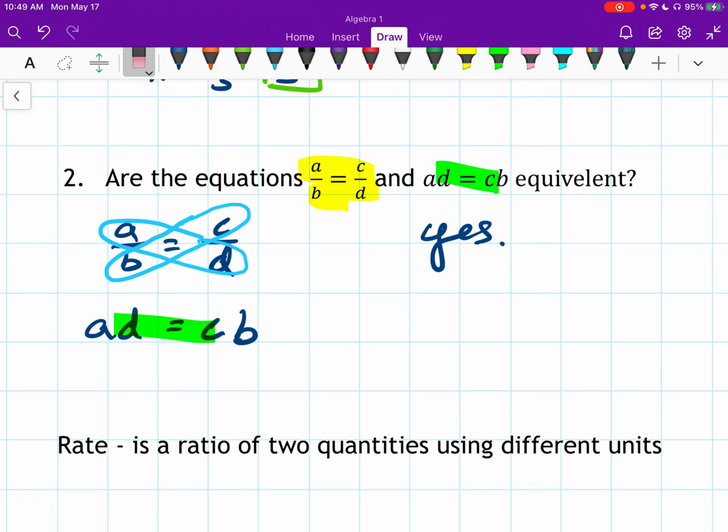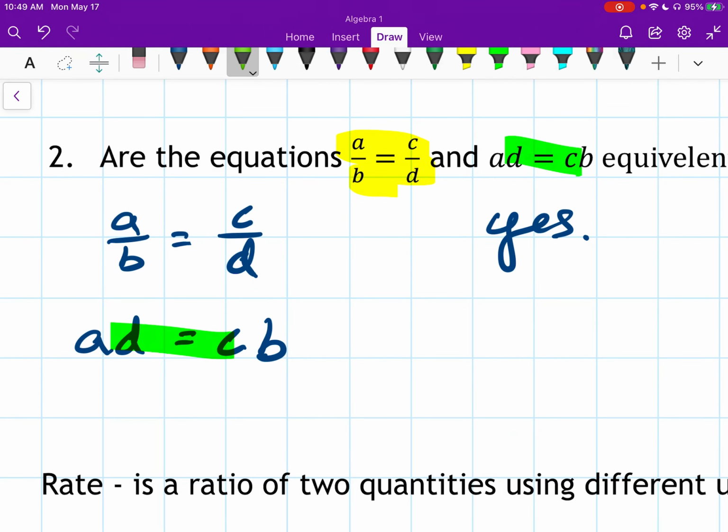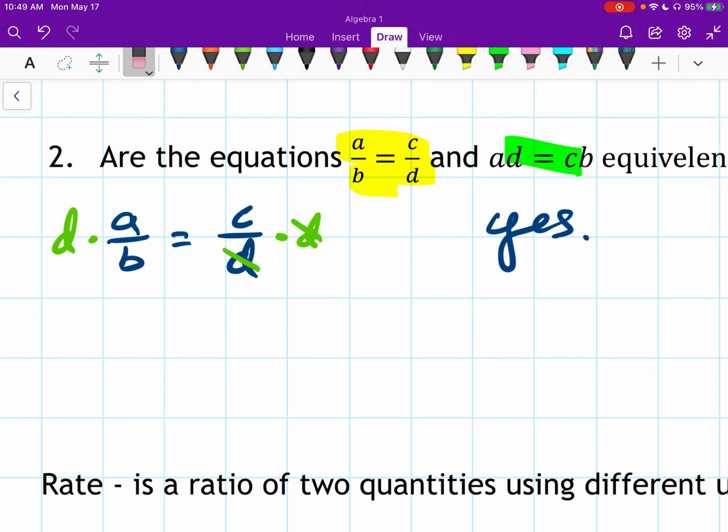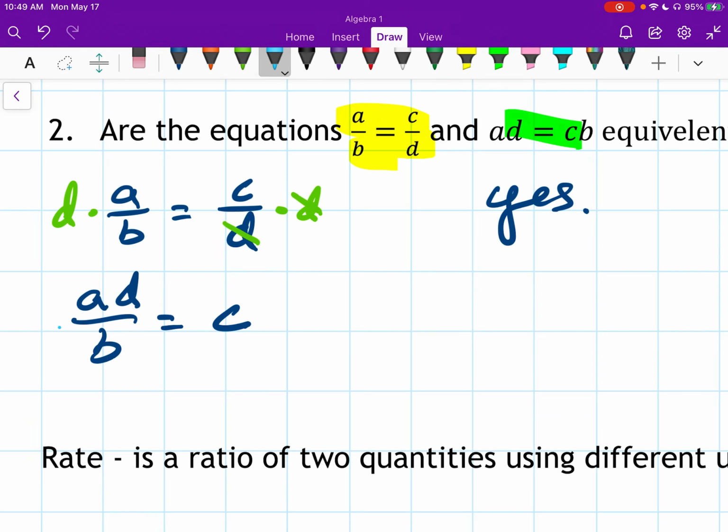Now I want to talk just real quick about why that butterfly piece works. Over here, if I multiply both sides by D, then on the right side those D's would cancel. So now what I have is AD over B equals C. Now I can multiply by B on both sides.